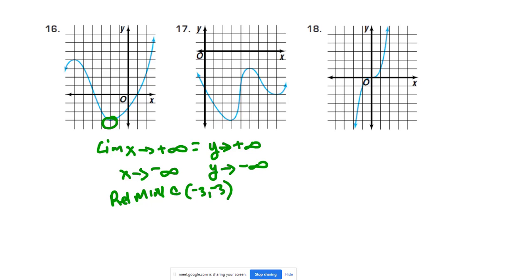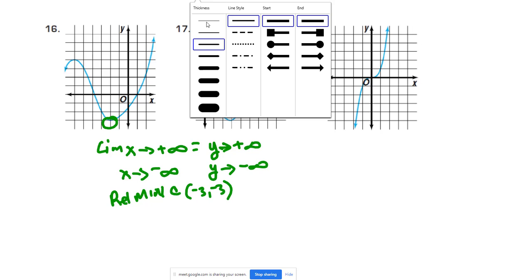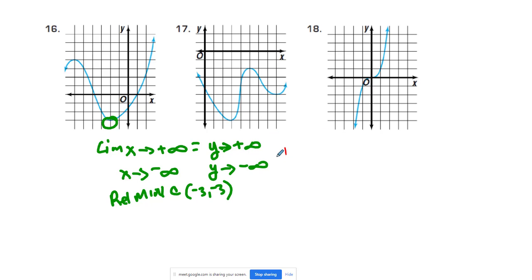Let's look at 17. So on 17, continuing on, that's going to keep going that way. That's going to keep going this way. So as x goes to positive infinity, y goes, and sometimes I like to use delta to be the movement, as x changes and goes towards positive infinity, y changes and goes towards positive infinity.